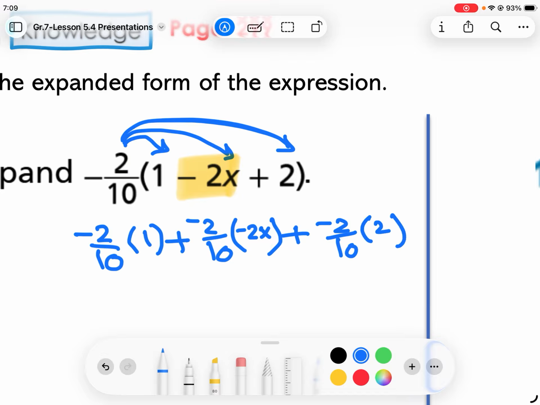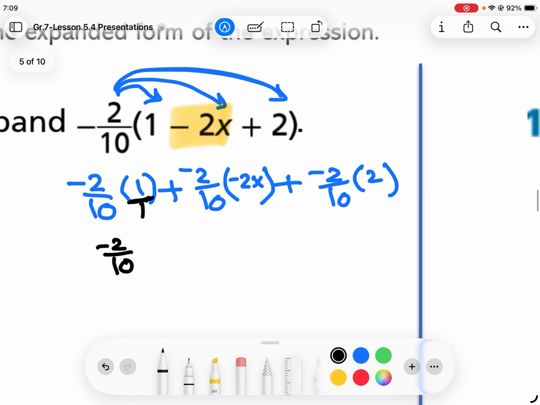Okay, now let's do the math. Negative 2 times 1 is negative 2 over 10, because here the denominator, we consider it as 1. Then it's just multiplying fractions: top times top over bottom times bottom. 2 times 1 is 2. 10 times 1 is 10. And the sign will be negative because they are different signs.